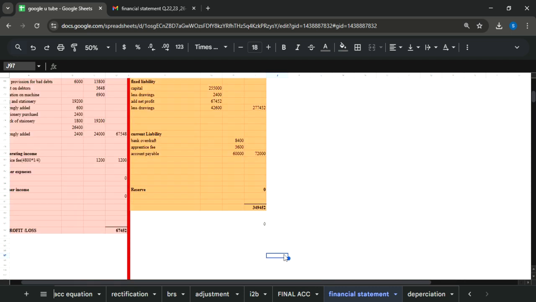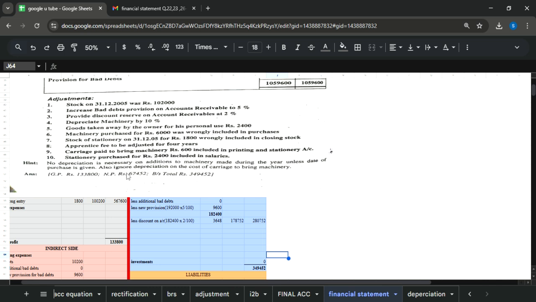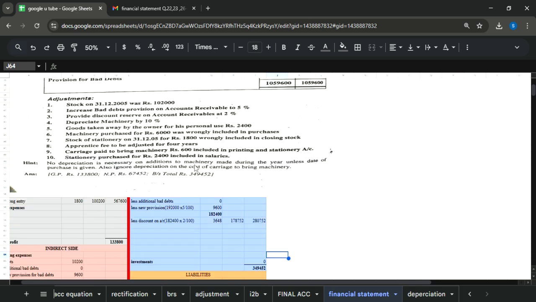And downward we have 67452 net profit. Here 67452. Okay, net profit is okay. Then the liability side 349452. So guys, you can see that all four answers absolutely match the given answers, and it means all adjustments and all elements of the trial balance were entered.